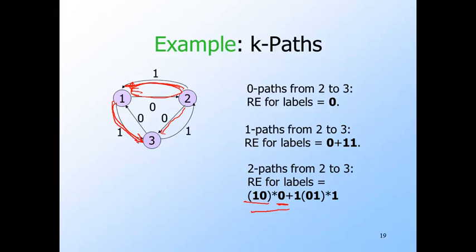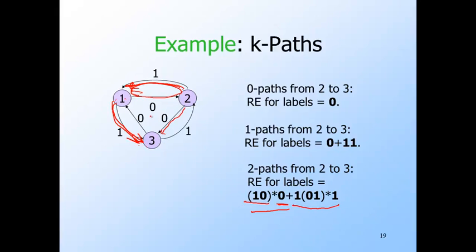Finally, you have to follow the arc from 1 to 3. And so 1 (01)* 1 describes all those paths that start in 2, go from 1 to 2 several times, wind up in 1, and then go to 3.